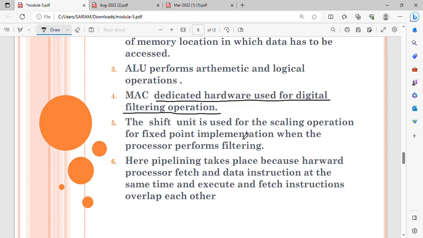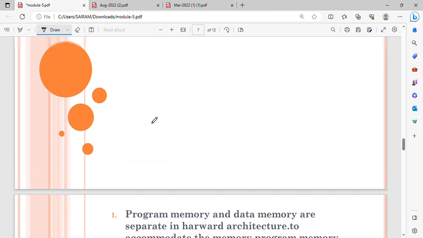Digital filtering operation, in the sense you are going to do the mathematical operation for the discrete time signal. So you are going to reduce some of the features with respect to that particular signal. And one more, there is a shift unit, as I have told you.